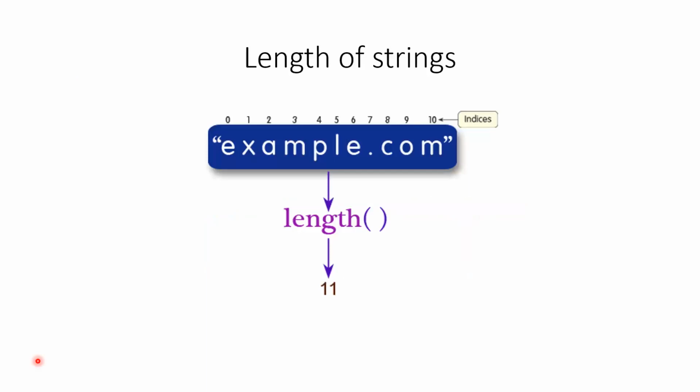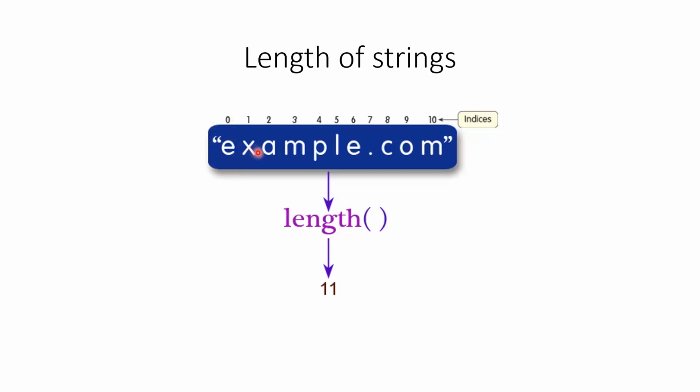Finding the length of a string. Length of the string is nothing but finding how many characters are there in a given string. Consider this string, example.com. If we need to find its length, then the number of characters present in this string gives us the length. You can see the index begins with 0, as we have seen in arrays.